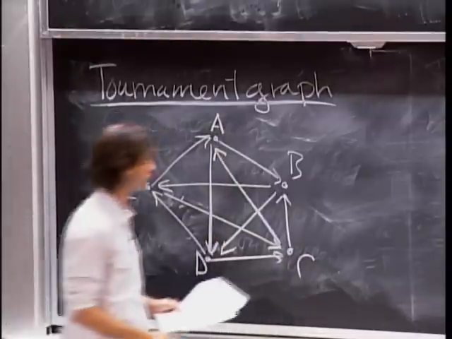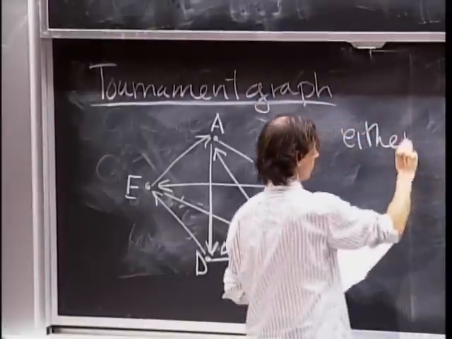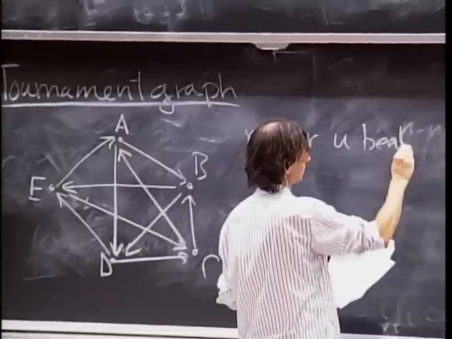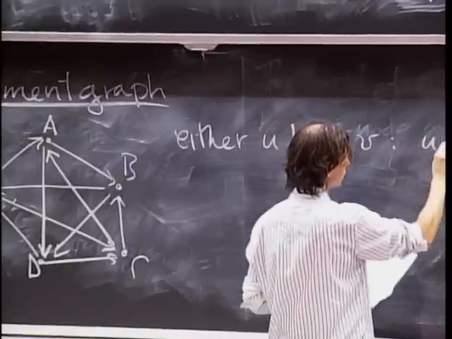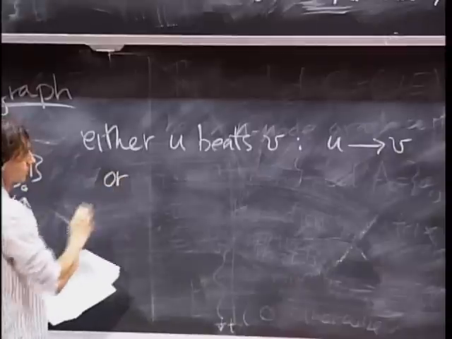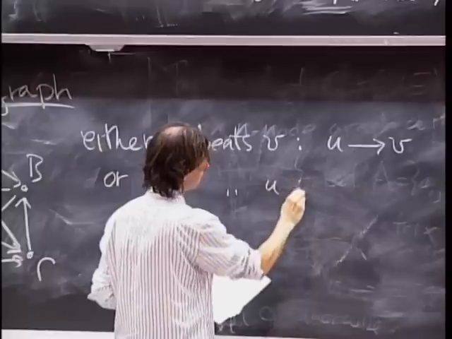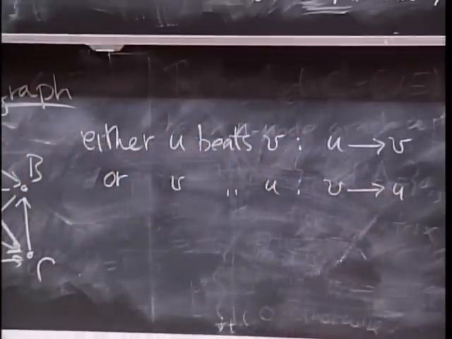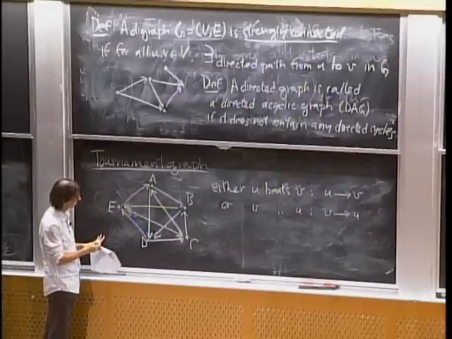Okay, so what do we see in this graph? We see that either Team U beats Team V, and that means that we have a directed edge from U pointing at V, or it's the other way around: V beats U, and we have a directed edge from V to U. Let's have a look at this graph and see how this works.